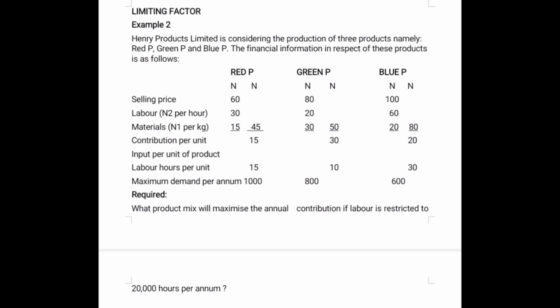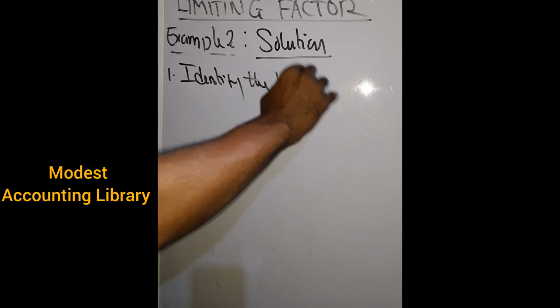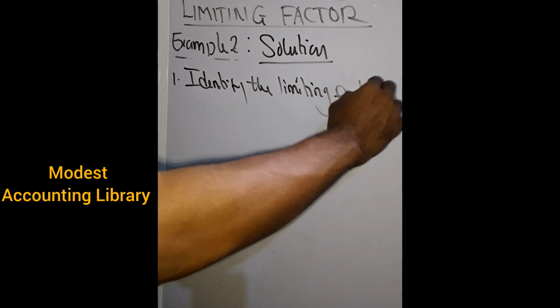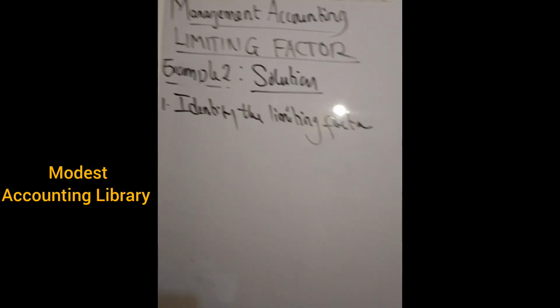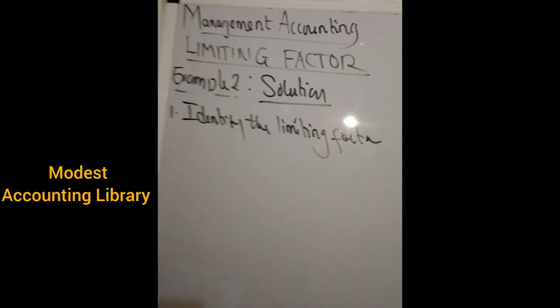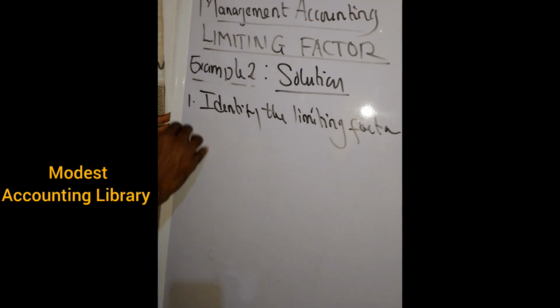So right now, to solve this particular question, we are going to follow the steps that I gave to us. And to solve any question under limiting factor, the number one step to do is to identify the constraint, or to identify the limiting factor. So identify the limiting factor. You remember we have red P, green P, and blue P. So we are going to bring them down.